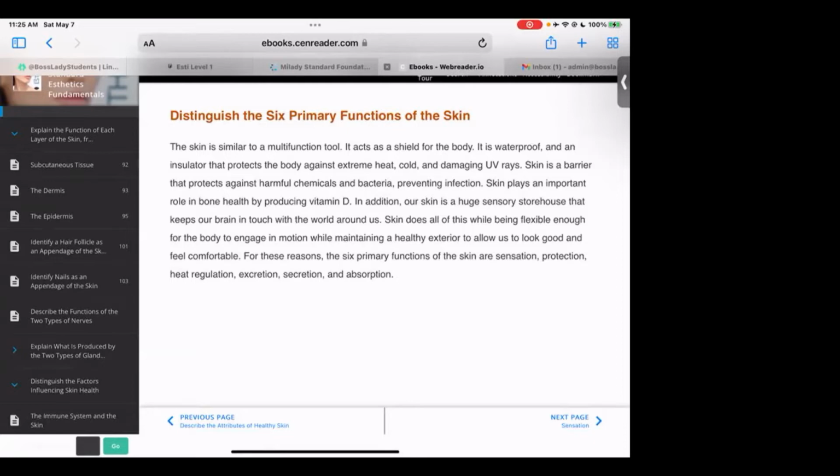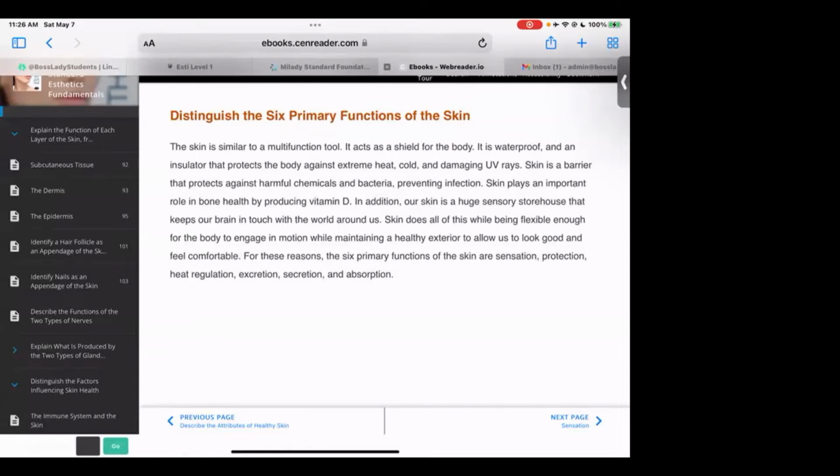Microderms and chemical peels achieve different results. You can do a massage to stimulate the skin. You can do a massage to calm the skin. Treatments and products are going to be the tools that you use to correct or prevent the negative impact of these primary functions not doing their job.